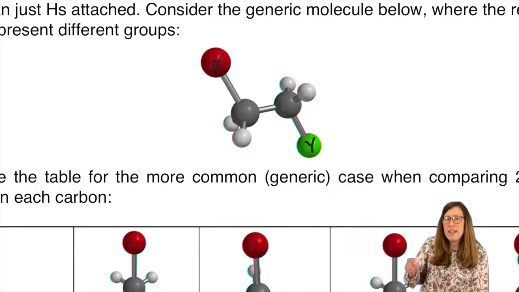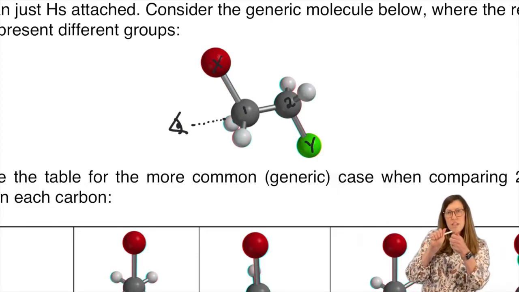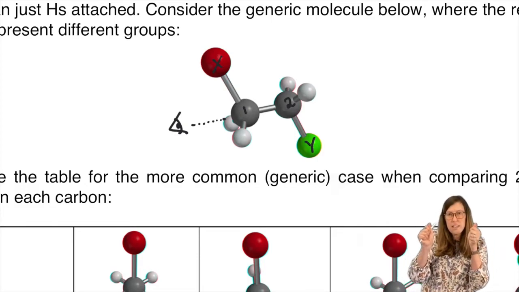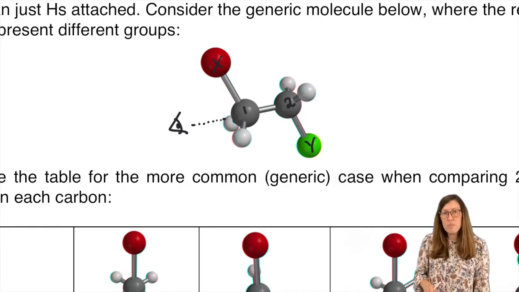Okay, so as we decide to look at this from the Newman projection perspective, let's do our eye in the same spot. We're going to look down carbon 1 to 2. And that means if you have the model ready, you turn it around to look at it, right? And you see all the different possibilities.